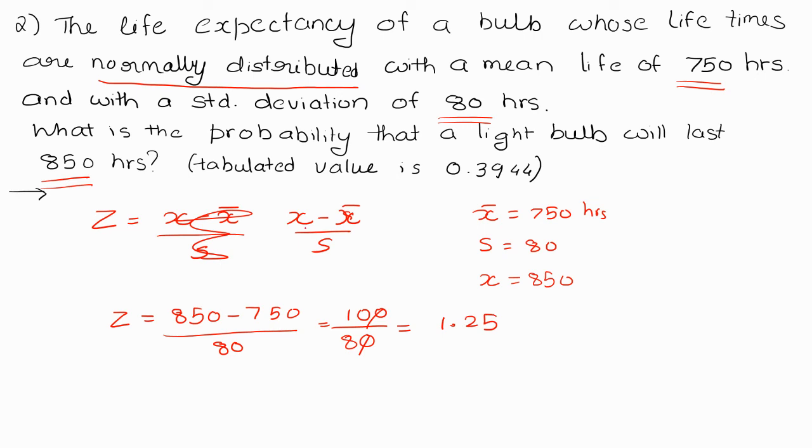Okay, and the tabulated value for this is 0.3944. So it is quite direct that the probability of the light bulb life lying in this range is 0.3944.